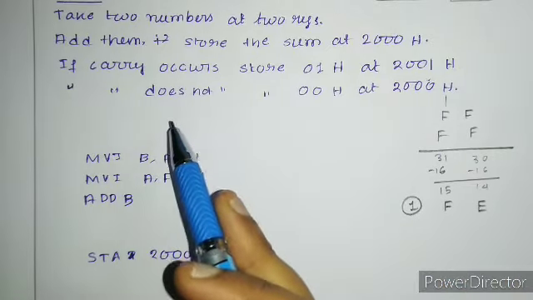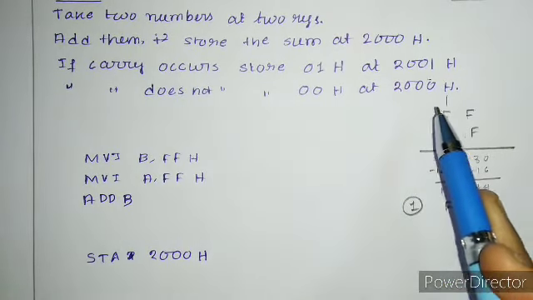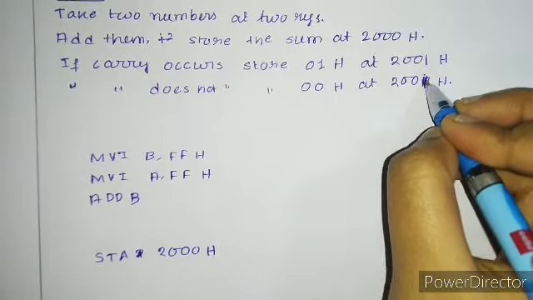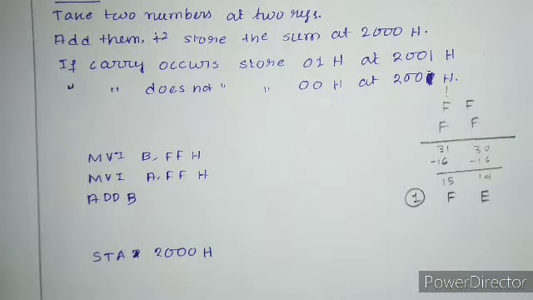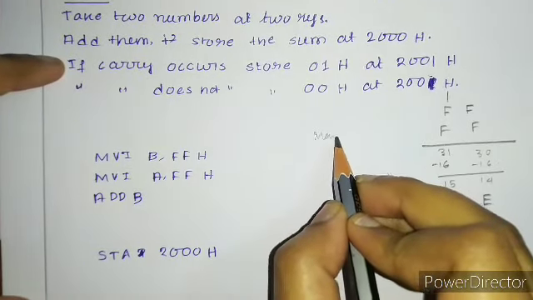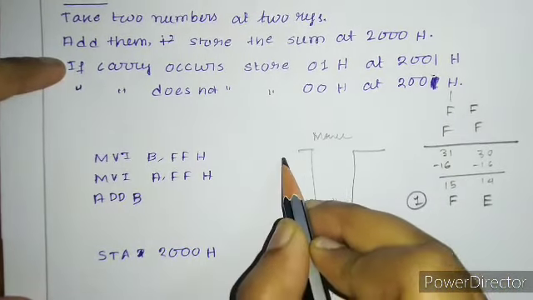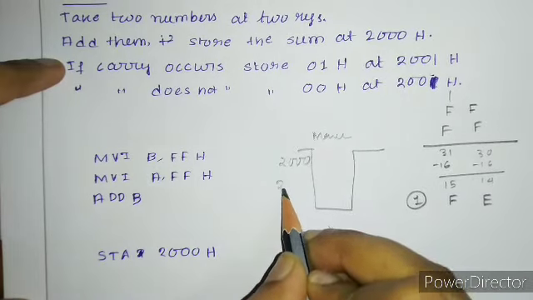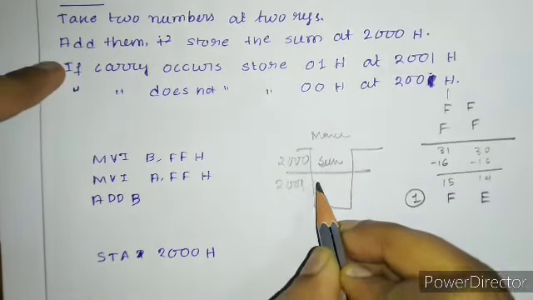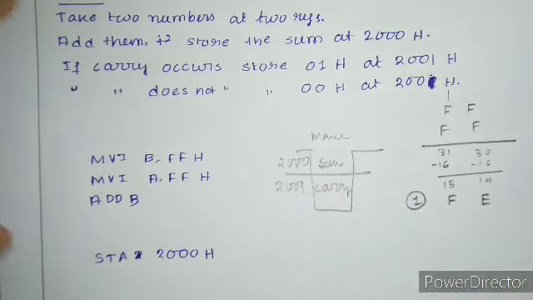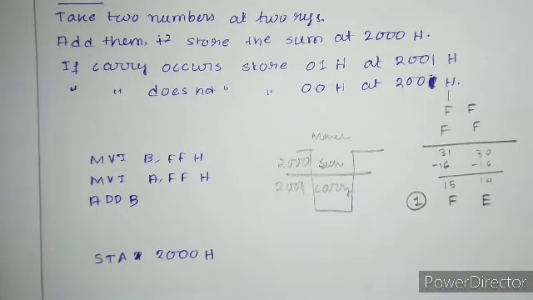If it doesn't occur, store 00 at 2001. So this is our memory: this is 2000, this is 2001. Here I want my sum, here I want my carry. How can we do that?